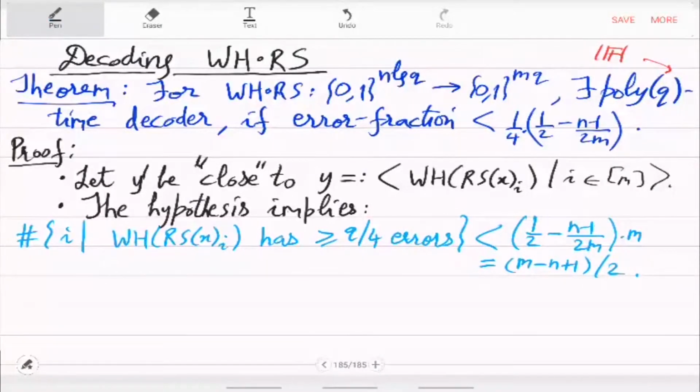So the Walsh-Hadamard encoding of at most these many symbols has a lot of errors in those symbols. In the remaining cases, Walsh-Hadamard of the symbol has fewer than q by 4 errors, and that is where you then do Walsh-Hadamard decoding.